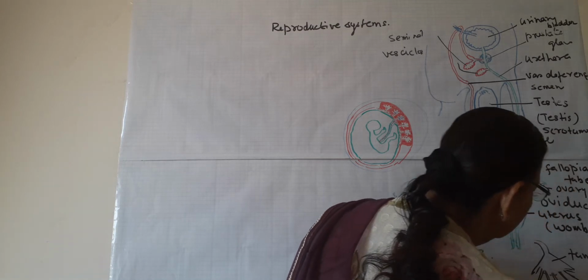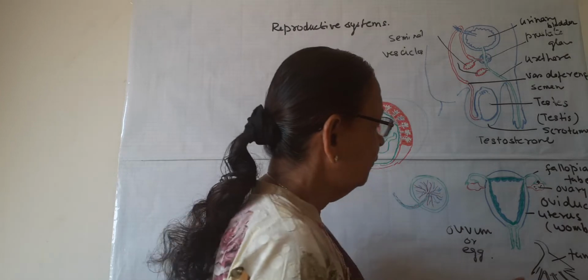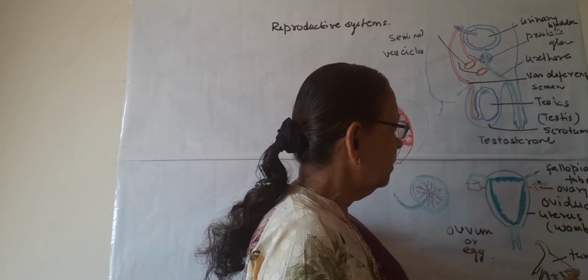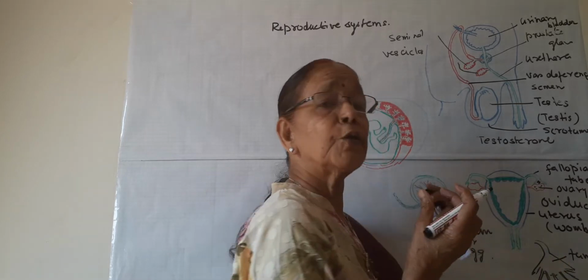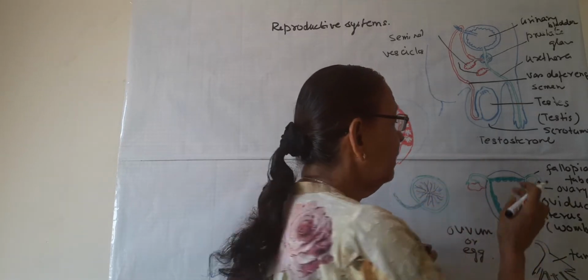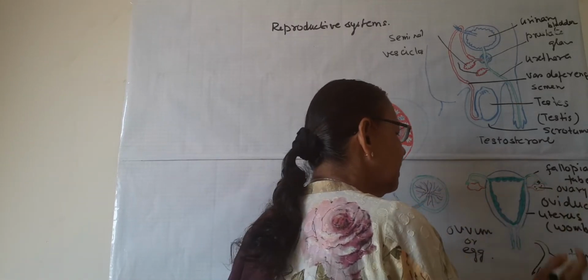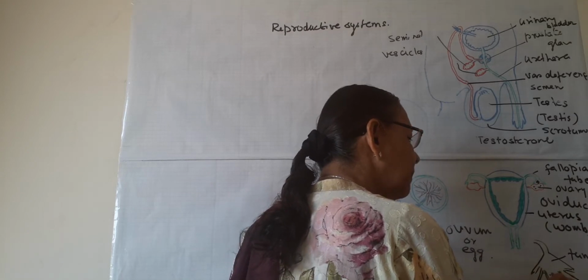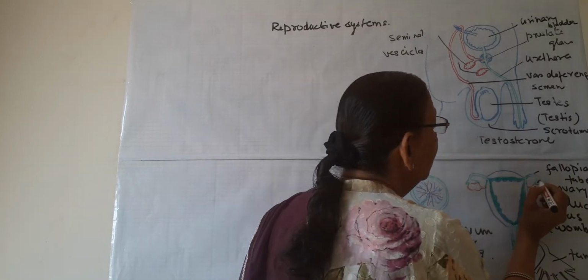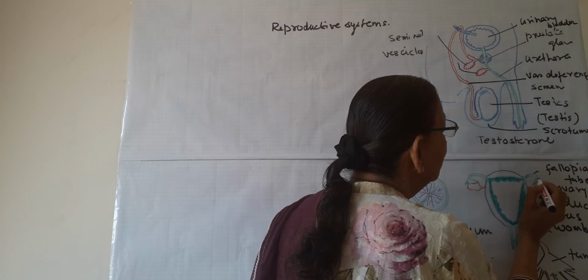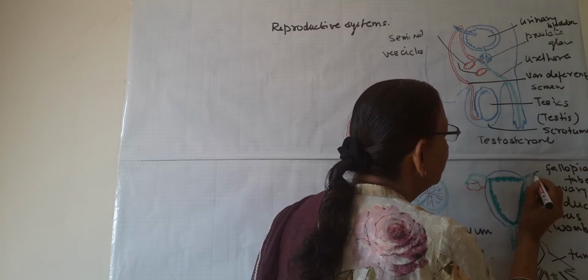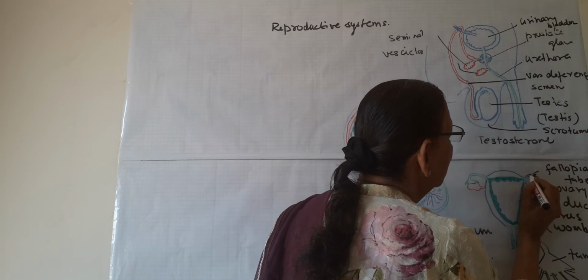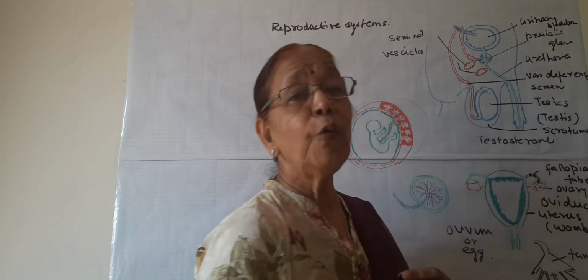So these hair-like structures, or fimbriae, are present on the mouth of this funnel or oviduct, and they catch hold of the egg. Once the egg is released, it is caught by these fimbriae, and many hairs are also present on the walls of this oviduct, and they push this egg into the oviduct.